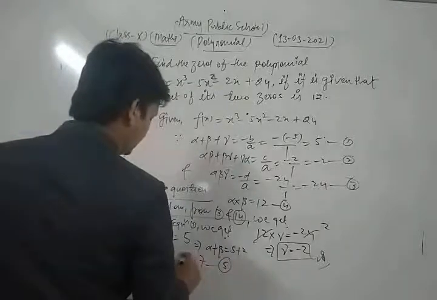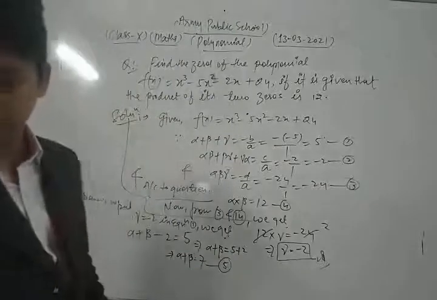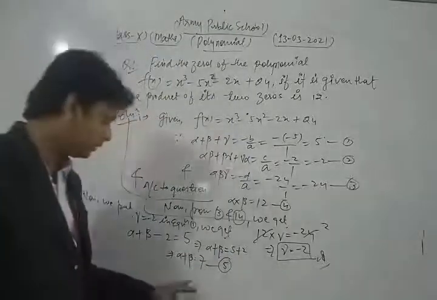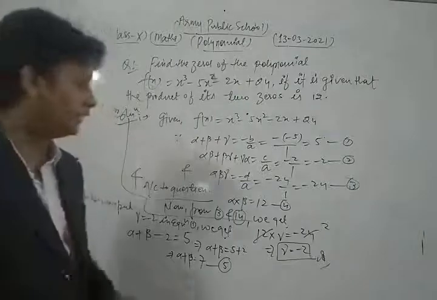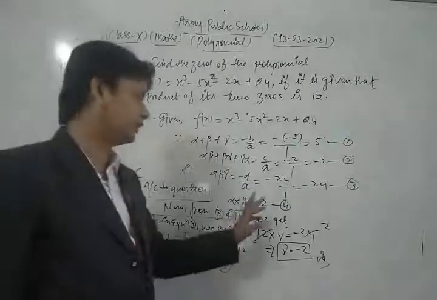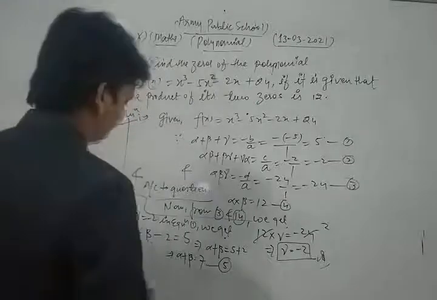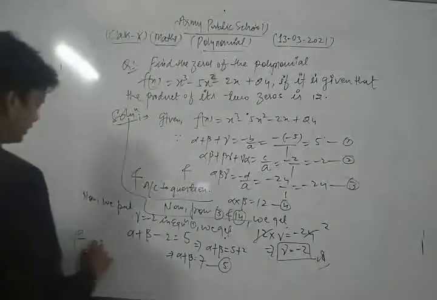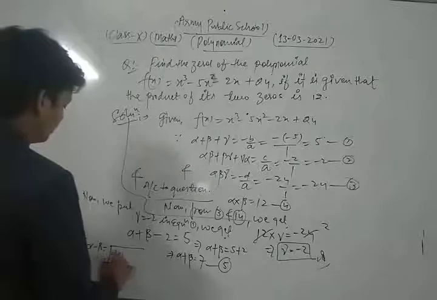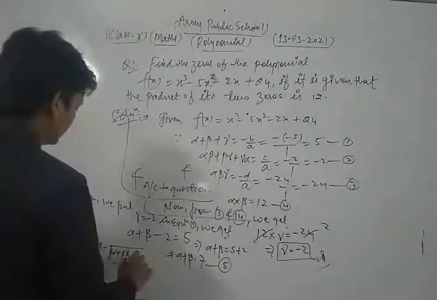So in this way, dear students, we get a relation between alpha and beta: alpha plus beta is equal to 7. And we also have the value of alpha into beta, which is 12. So we also form an equation, and we know that alpha minus beta is equal to under root of alpha plus beta whole square minus 4 alpha beta.